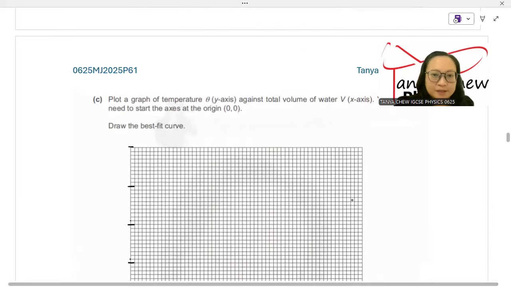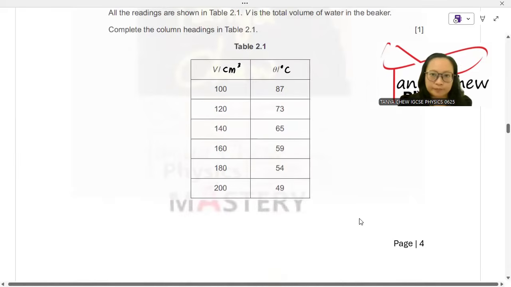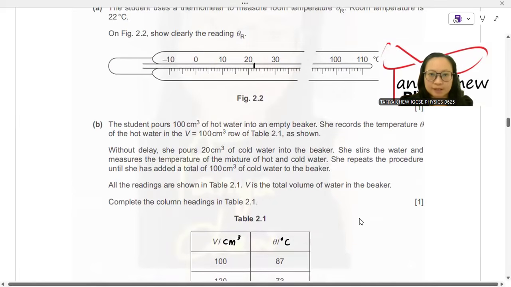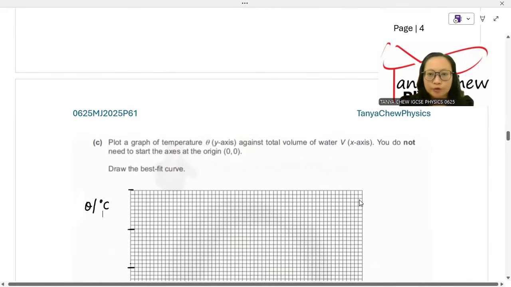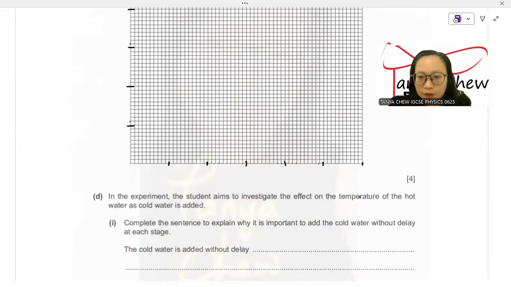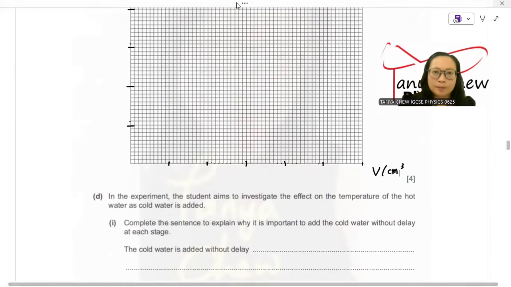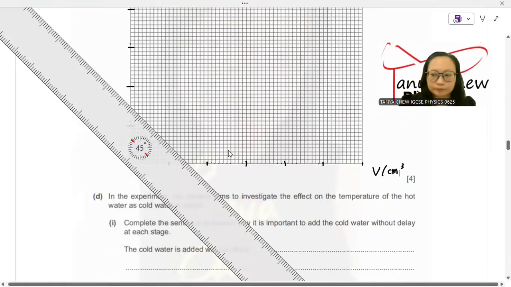So your y-axis must be theta slash the unit degrees Celsius. Right? So that is the temperature. Here we have the temperature. And then on your x-axis, that is the volume of the water. So just put V cm cube. Now I'm using my ruler to draw.